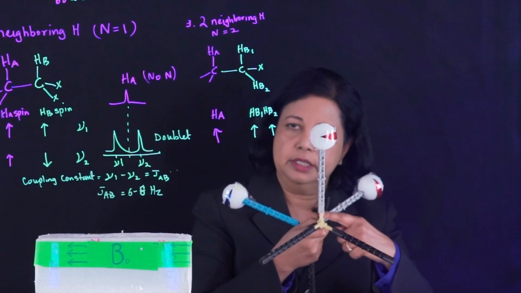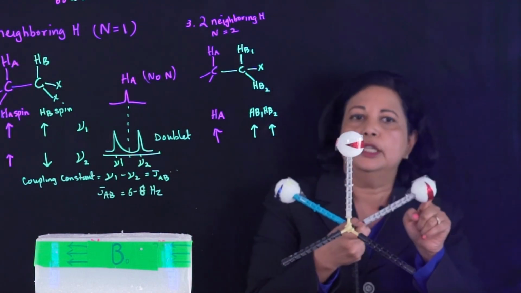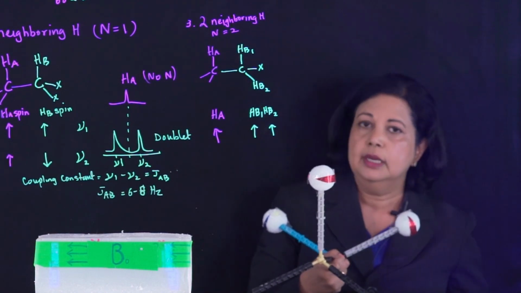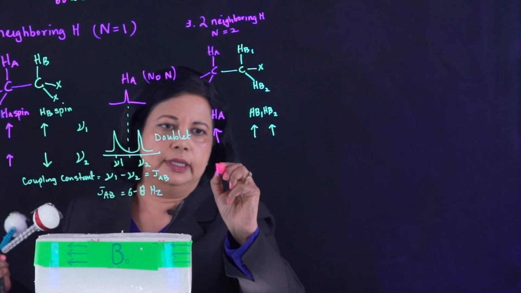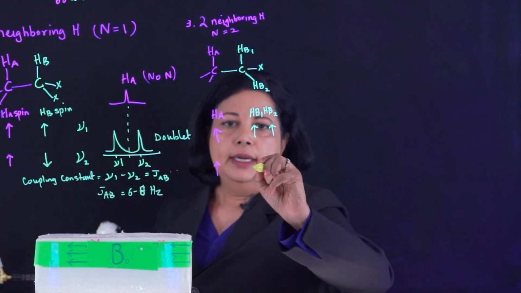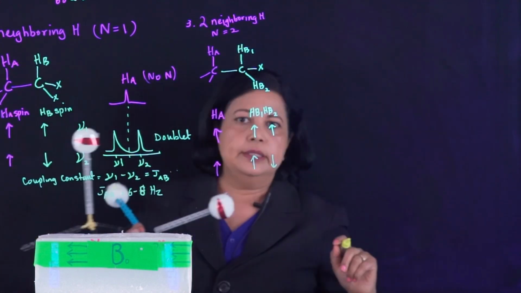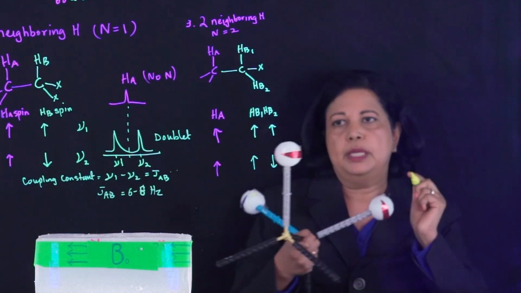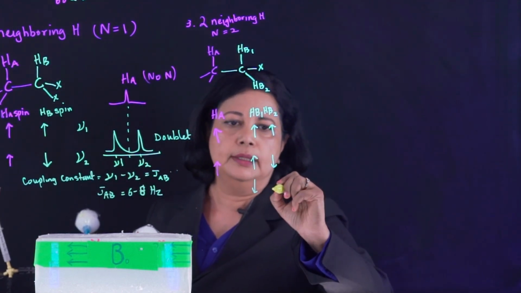So here's the other situation where HB1 can be in the opposite direction and HB2 can be in the same direction. Let's write this down. So for when HA spin is in this direction, HB1 can be in the same direction, HB2 can be in the opposite direction, or HB1 can be in this direction and HB2 can be in this direction.